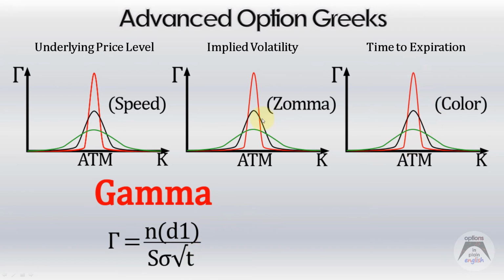So because of this is how this is going to grow as you approach expiration, as you approach a very low value of implied volatility, and as you approach a low value of underlying price. Okay, so these are pretty much the same graph. As price changes, implied volatility changes, and time to expiration changes.